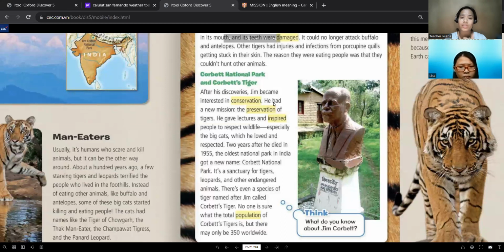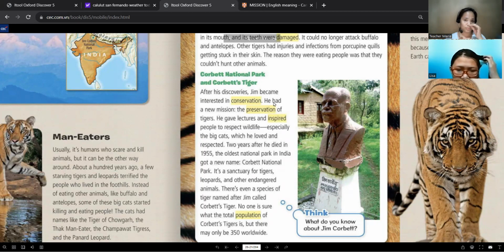He is now interested in this part, Corbett National Park and Corbett Tigers. What is the interest of Jim now? What do you know? What is in his mind now?